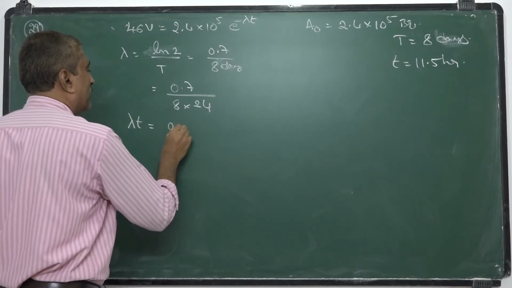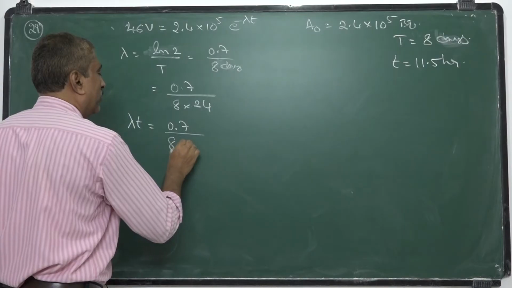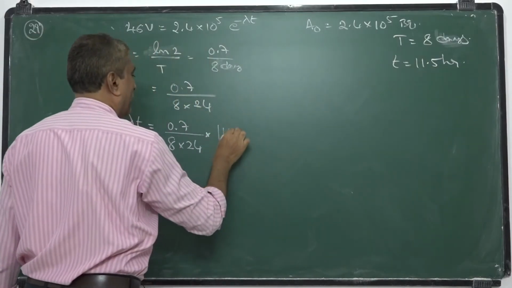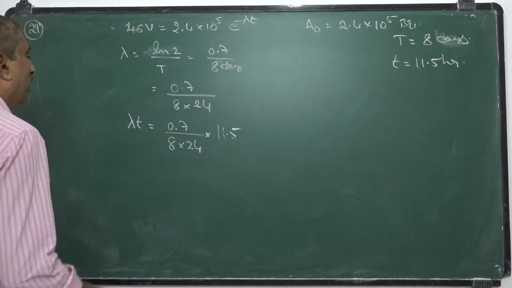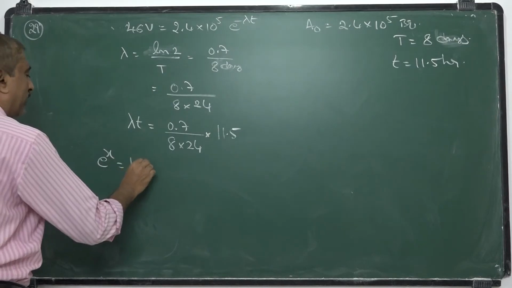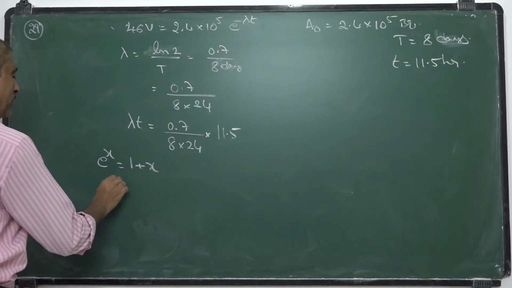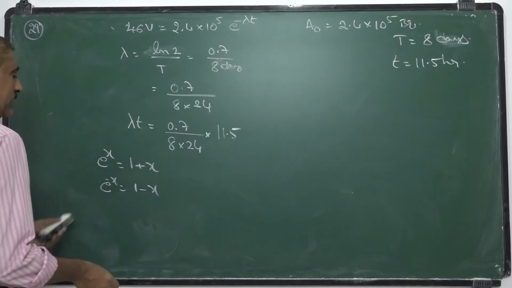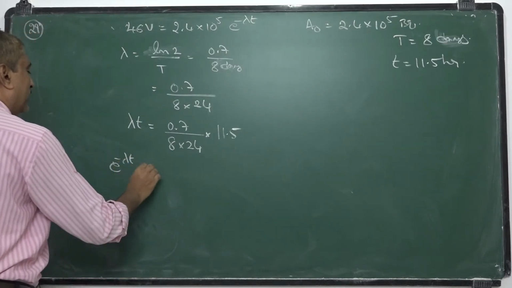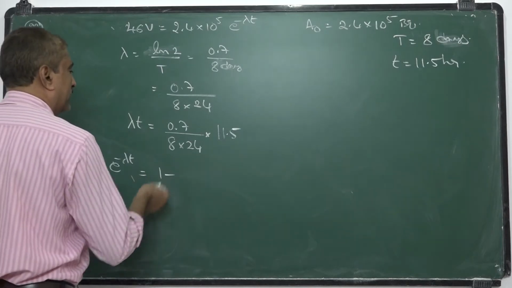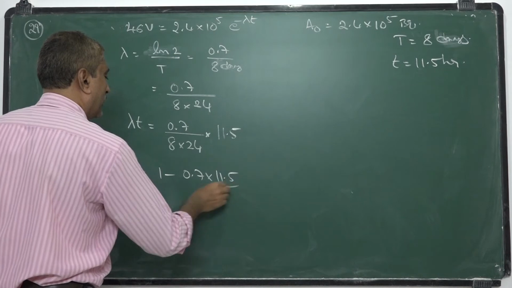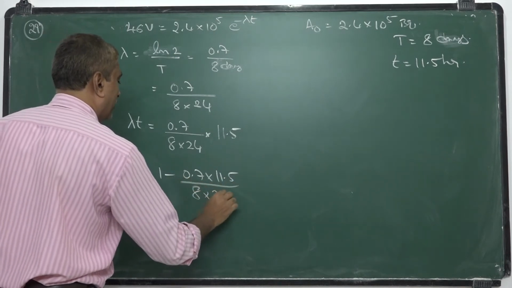Lambda t is equal to 0.7 by 8 into 24, this is lambda, and this t is 11.5 hours. Now it is given that we have to take the approximation e power x equal to 1 plus x. So e power minus x equal to 1 minus x. So taking that approximation, e power minus lambda t is equal to 1 minus this one by 8 into 24.